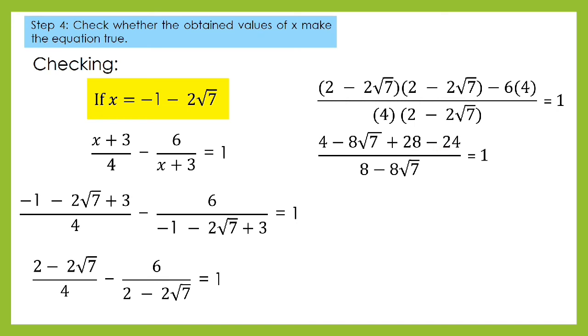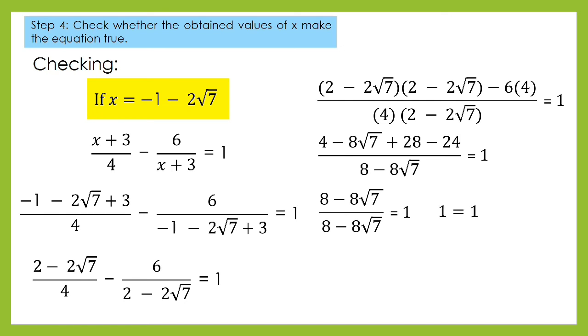All over, distributive property, 4 times 2 is 8. 4 times negative 2 square root of 7 is negative 8 square root of 7 equals 1. Let's simplify. 4 plus 28 minus 24 is 8 minus 8 square root of 7, all over, we copy the denominator, equals 1.